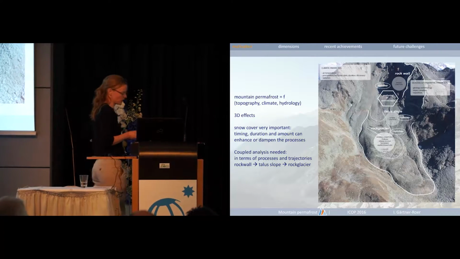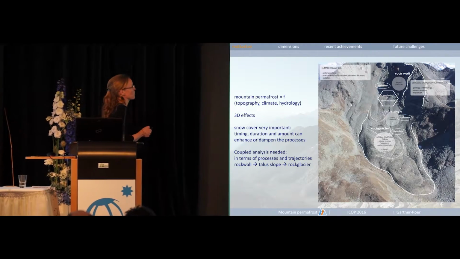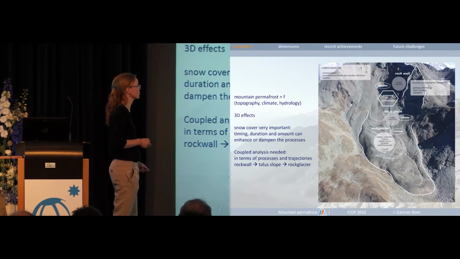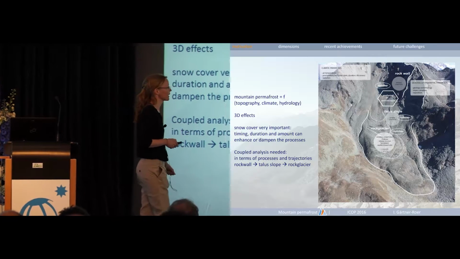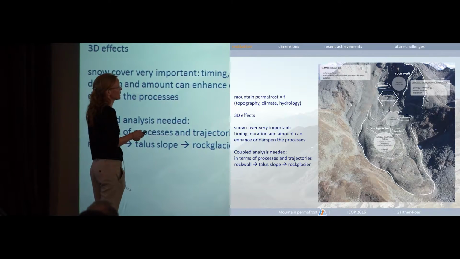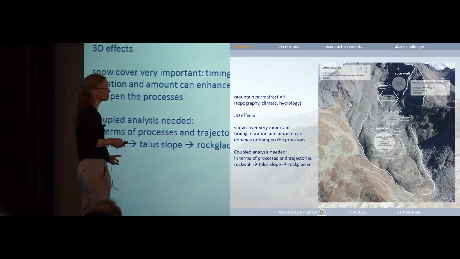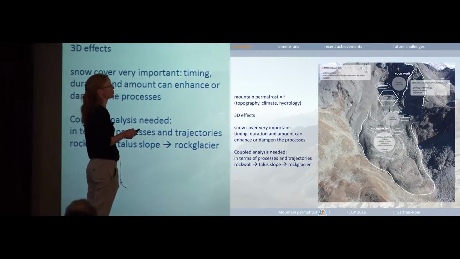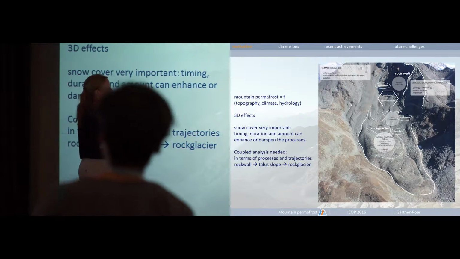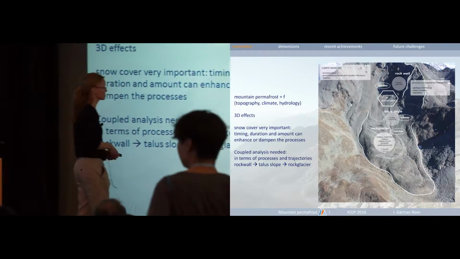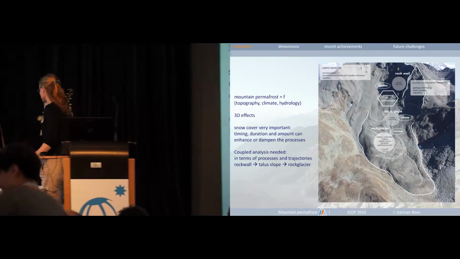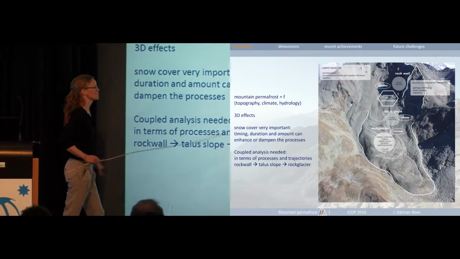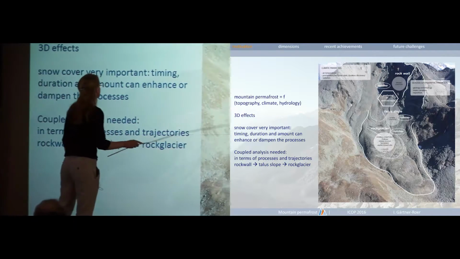To sum this up once again, mountain permafrost is a function of topography, of course the climate situation, and also hydrology. We have a lot of 3D effects, and as you see here, we have several landforms that should be analyzed in combination. So we should not only look at what is going on in the rock wall here, or on the rock glacier, or the moraine situated below, but we should see the entire slope with its different characteristics.